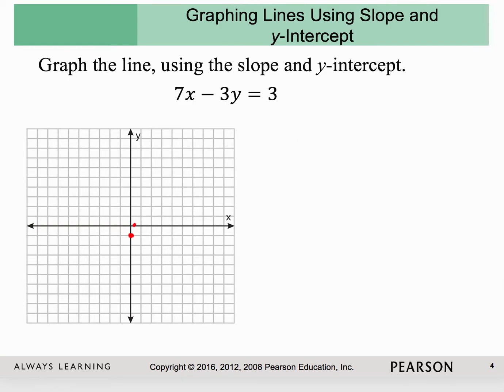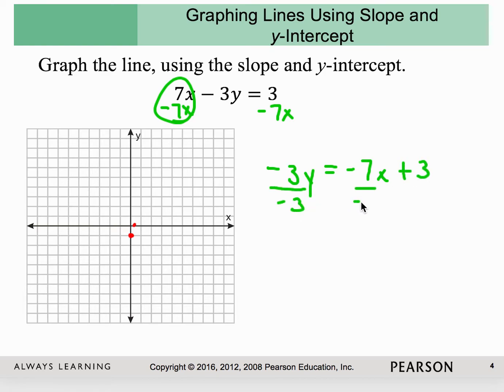But it tells us to use the slope and y-intercept. So I'm going to solve this for y just for practice at it because I need to know how to use the slope and y-intercept. Divide by -3. So I have y equals negative is positive, and a positive negative is negative.